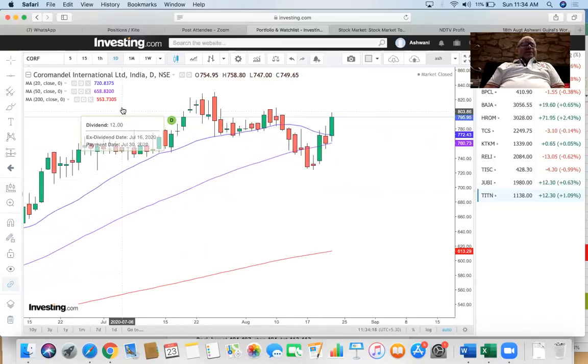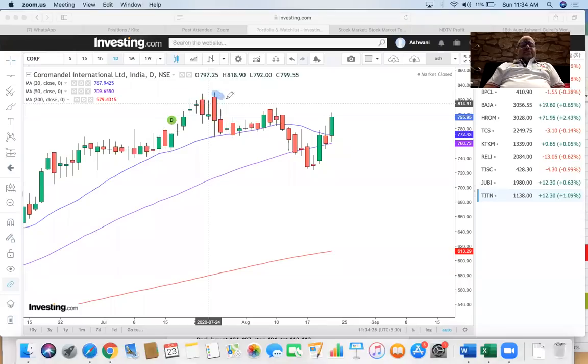As you can see here, we have a bit of a flag type formation. The stock is above the 20 and 50, and post a correction, it is beginning to move back up.